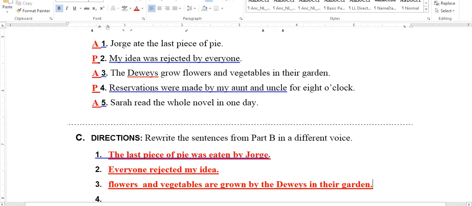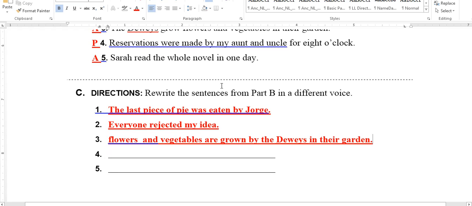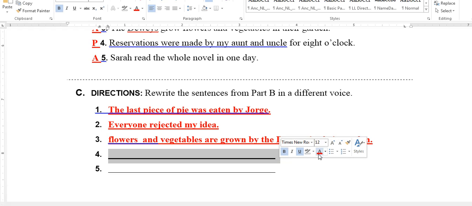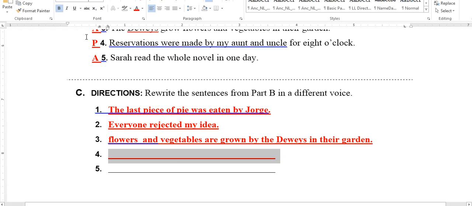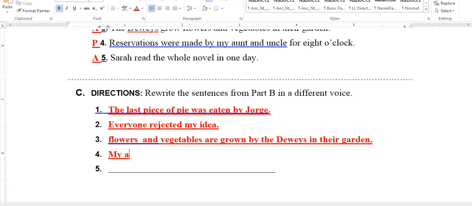Number 4. Reservations were made by my aunt and uncle for 8 o'clock. This is passive. Okay, so I'll start with the doer of the action, which you'll find directly after by. My aunt and my uncle.